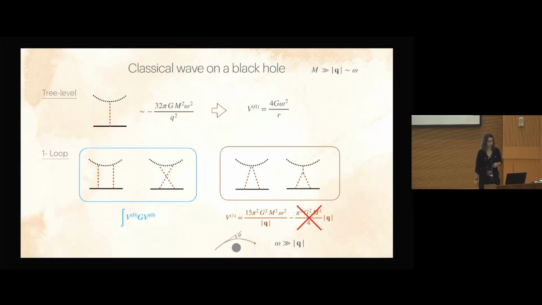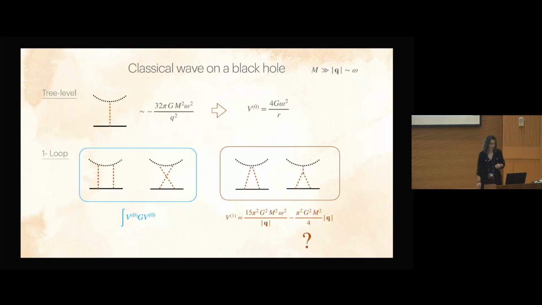If we do this, indeed, we're going to have one piece that dominates over the other. And you might have seen this before. This is precisely the correction to the deflection angle of light against a compact object, which you might have computed at some point in GR. This same diagram, by the way, if you do it for the massive case and you're not familiar with the story, is what gives you the Mercury perihelion shift, okay? Okay, so this piece we understand.